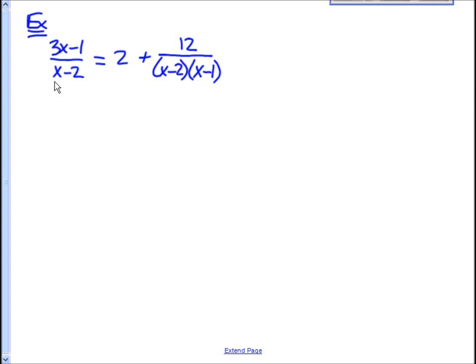You notice the right-hand side here has two terms, right? We got the 2, then we got the plus that rational expression. So we got to get a common denominator again. So right now it's just 2 over 1.